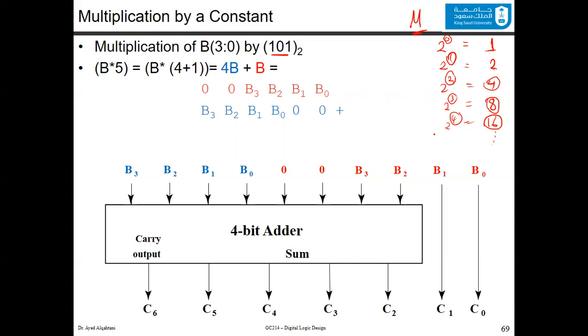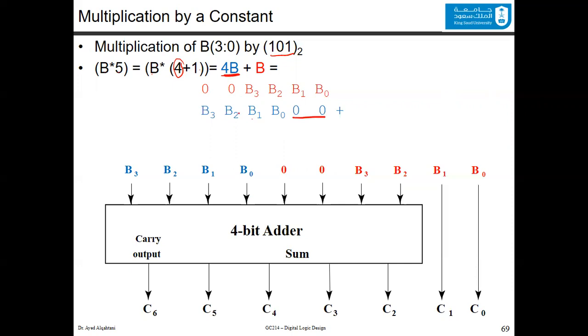However, what if you want to multiply by a number that is not a power of 2? For example, here, 5. So what you do is you break down the 5. You know that b times 5 is actually b times 4 plus 1. You know that 4 is a power of 2. And you could get b times 4 by shifting the b to the left by 2 positions.